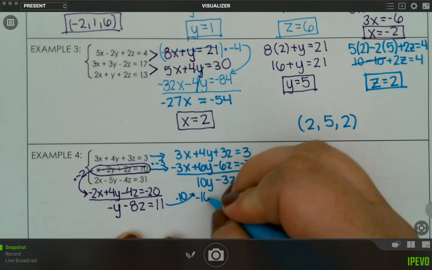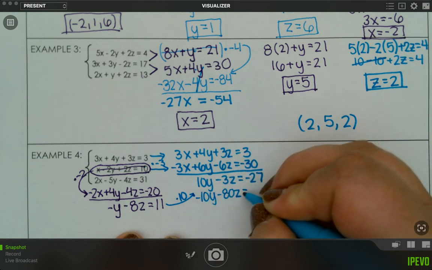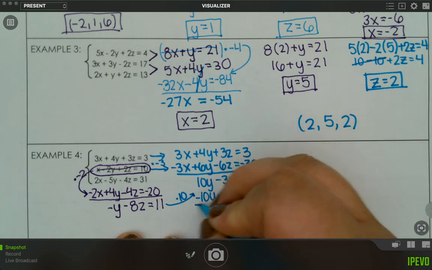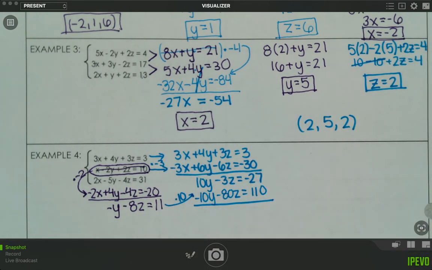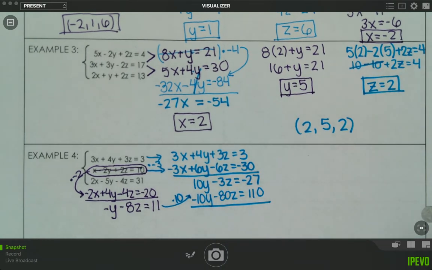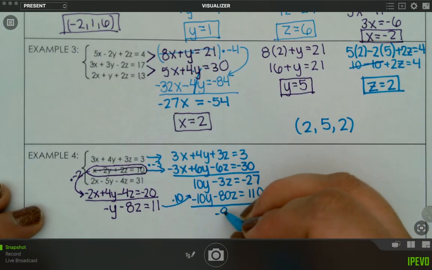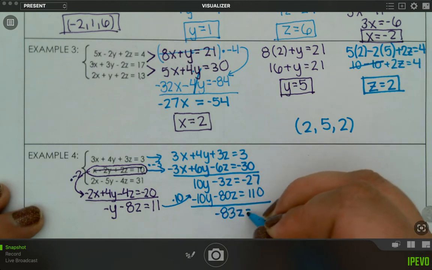Multiplying by 10 is also really easy because you just basically add zeros. So negative 10 instead of negative 1, negative 80 instead of negative 8, and 110 instead of 11. There we go. And then I'm going to add these two together. Negative 3z plus negative 80z is negative 83z.